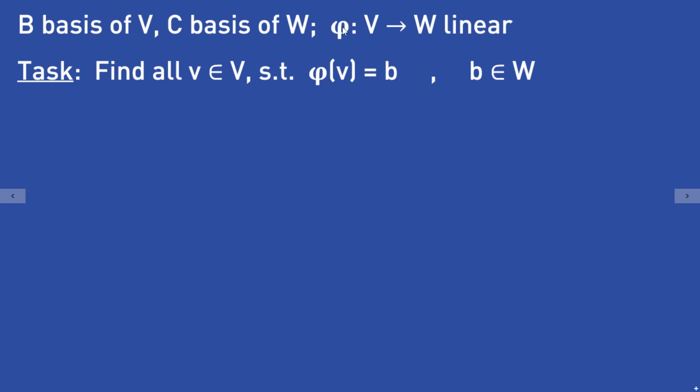So we have a linear mapping phi from a space V to a space W again.